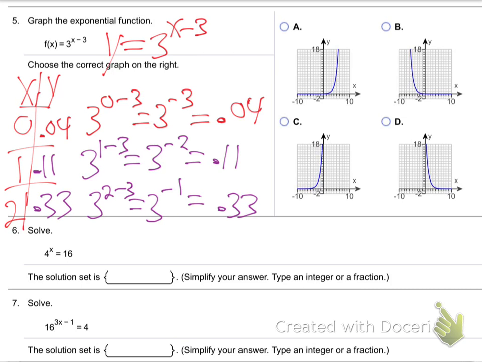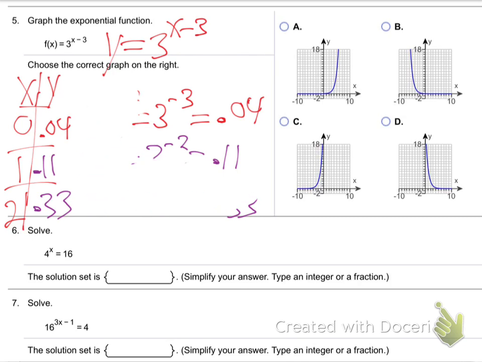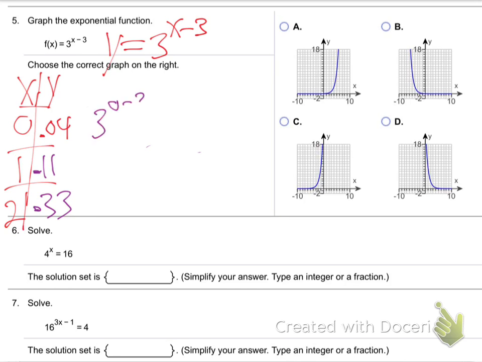Okay, so what does that mean about a graph? Let me move this out of the way. Is that making sense for y'all? Are you able to get those numbers? Anything I can help with on that? This is an important question. This will be an exam question in a week. I plugged in 0, 3 to the 0 minus 3, 3 to the minus 3.